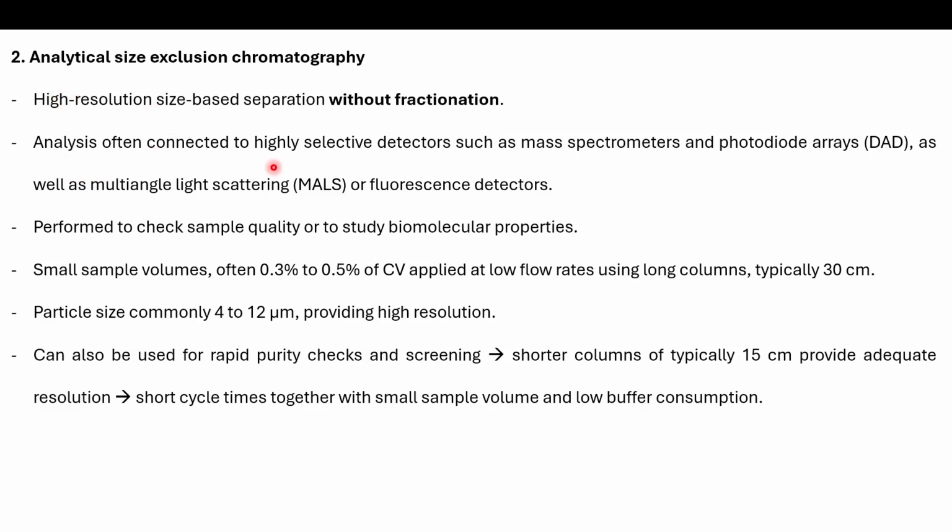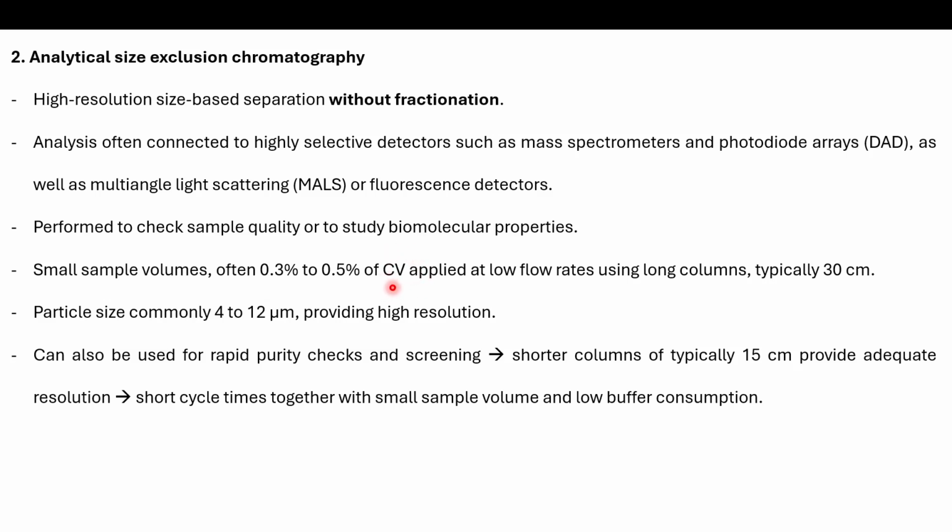Now analysis is often connected to highly selective detectors like mass spectrometers, photodiode arrays, multi-angle light scattering or fluorescence detectors. This is performed to check sample quality or to study biomolecular properties. Here, small sample volumes are used, really less sample volume, 0.3% to 0.5% of the CV.